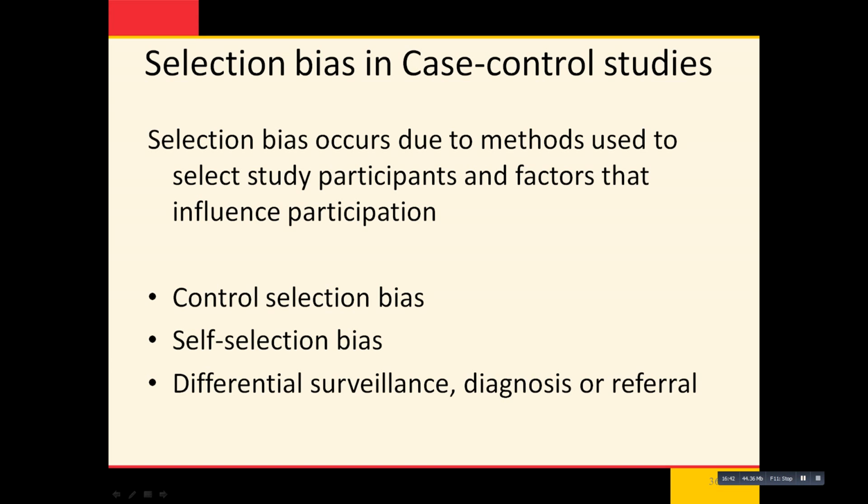we might have differences here because clinicians are aware, and may have a high index of suspicion because we know that oral contraceptive use increases the risk for blood clots. So if there's a differential likelihood to be admitted to the hospital because of the physician's knowledge that the woman was an oral contraceptive user, that can affect, right, differential surveillance, differential diagnosis, differential referral.